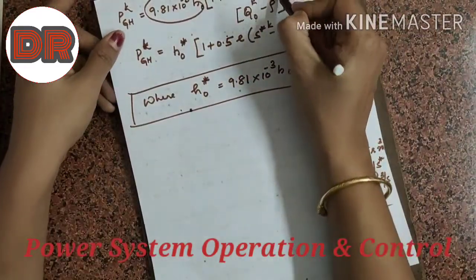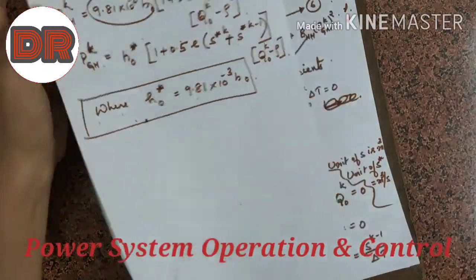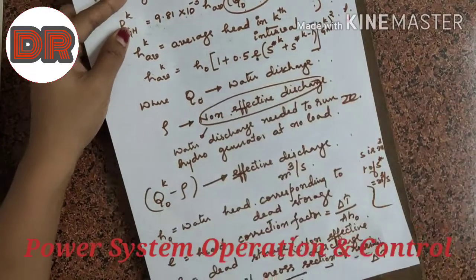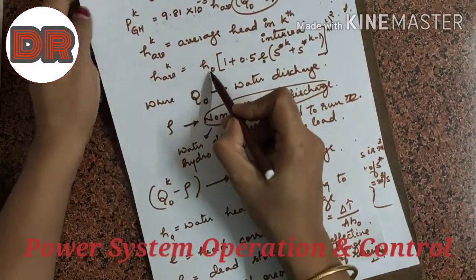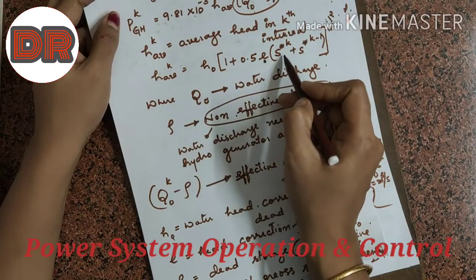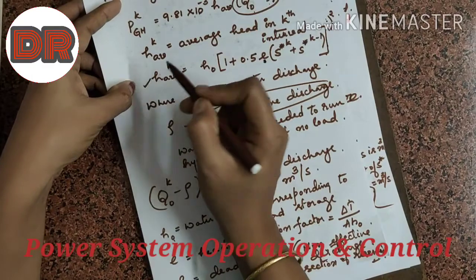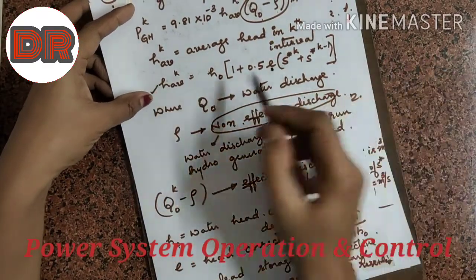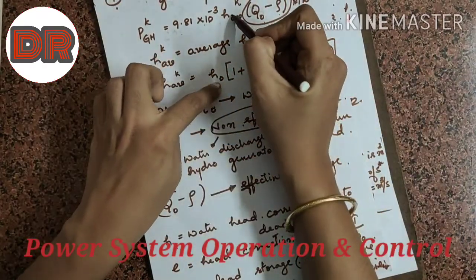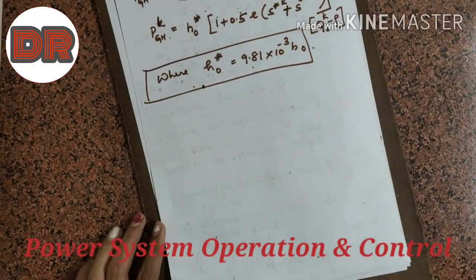Sorry, this is plus, everywhere it is plus, because in the equation itself it is plus. Okay, fine. So H naught into 1 plus 0.5 E S star k plus S star k minus 1. This is the equation for H average, which is nothing but the average head. So this will be substituted here. So this is for discretization of hydropower generated.